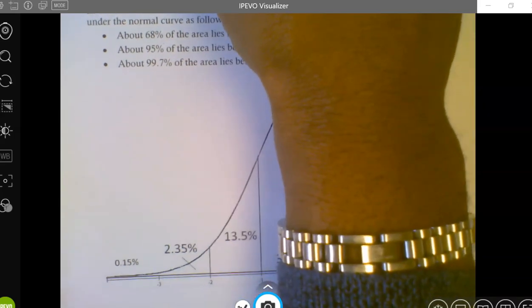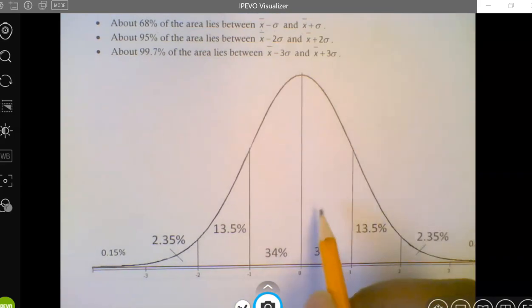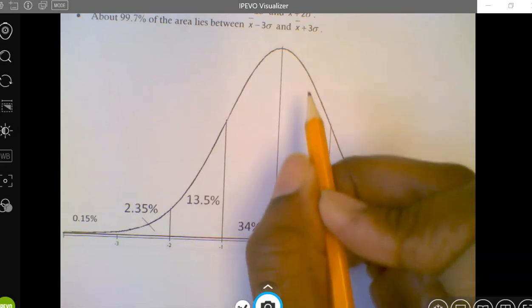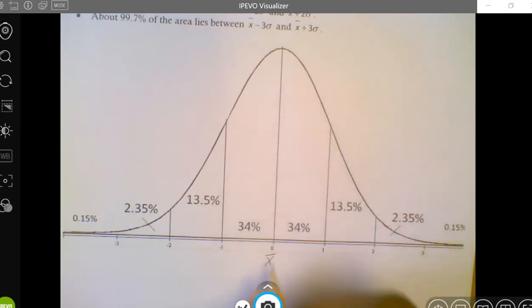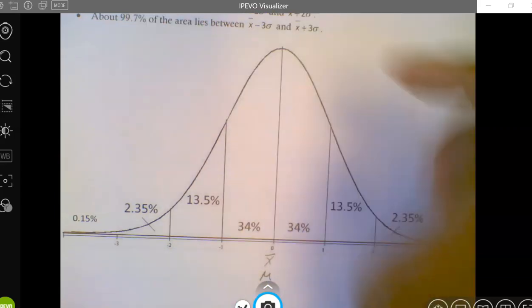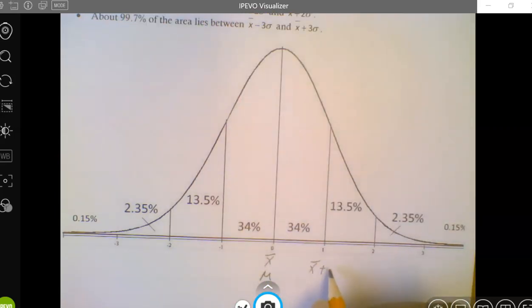What that means is this. If there's 68% of data between, so this number in the middle would be your mean, this would be x bar or mu, and this would be x bar plus 1 standard deviation. This would be x bar plus 2 standard deviations, and x bar plus 3 standard deviations.